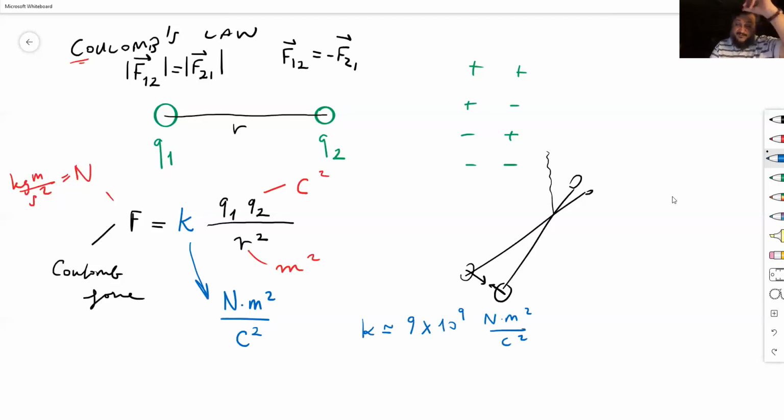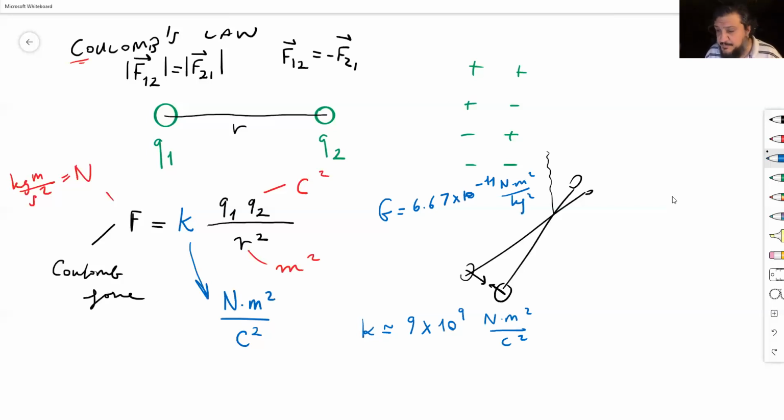That's a numerical value, a large number. Remember, in the case of gravity, G was 6.67 times 10 to the negative 11 newton meter squared per kilogram squared.